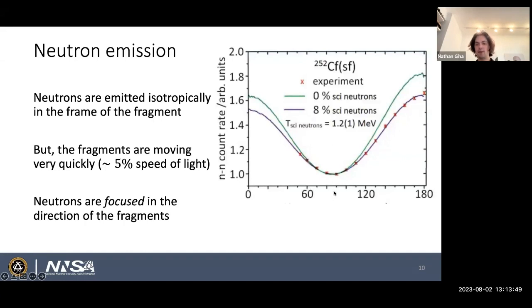Basically, neutrons 90 degrees from each other in a single fission event doesn't happen quite so often. Neutrons that are emitted back to back, however, happens quite a bit, or in the same direction happens quite a bit. That is indicative of the fact that neutrons are generally focused along the fission axis where the fragments are traveling. So neutron emission happens first. They take away a lot of excitation energy.